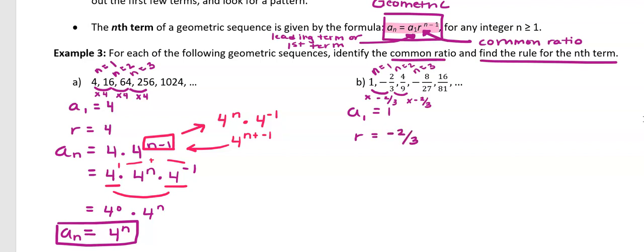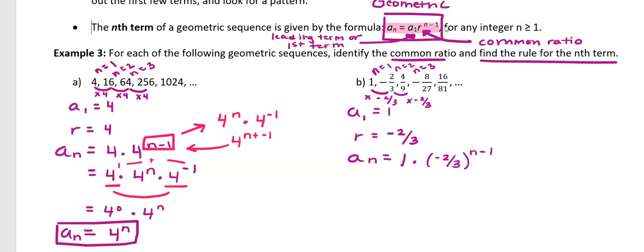So now that we have those two crucial pieces of information, we can go ahead and write down our formula using the description above. A sub n is equal to our first term times our common ratio to the n minus 1 power. So our first term is 1 times our common ratio, and I'm going to put that in parentheses since it has a negative there. So negative 2/3 to the n minus 1 power.